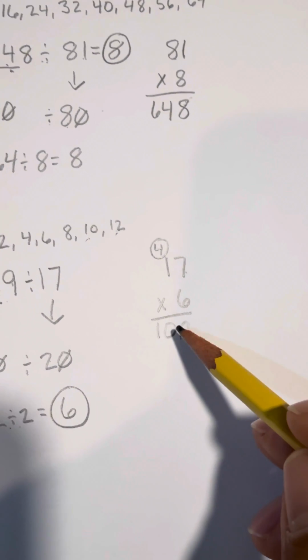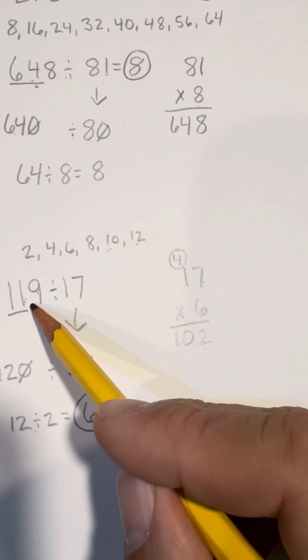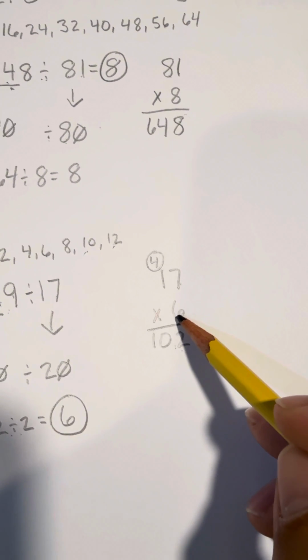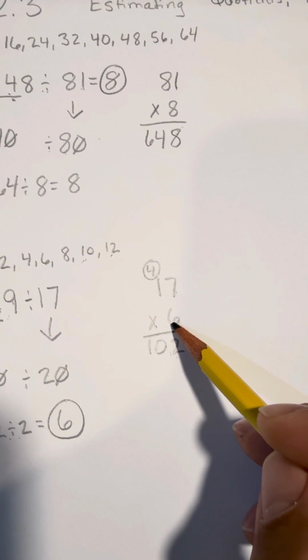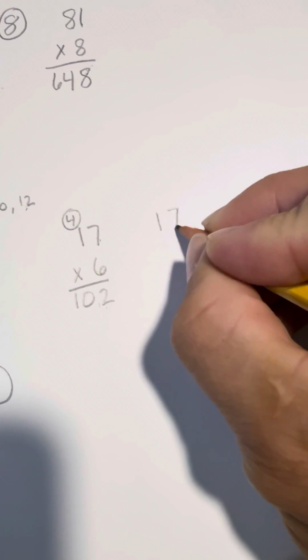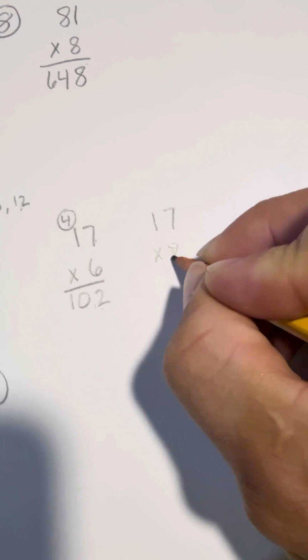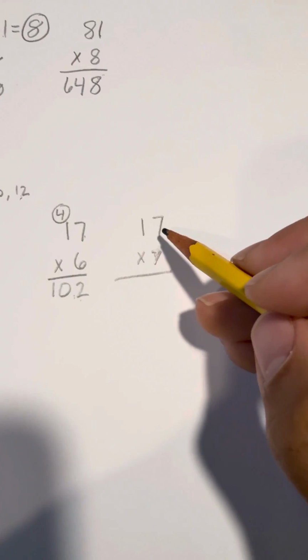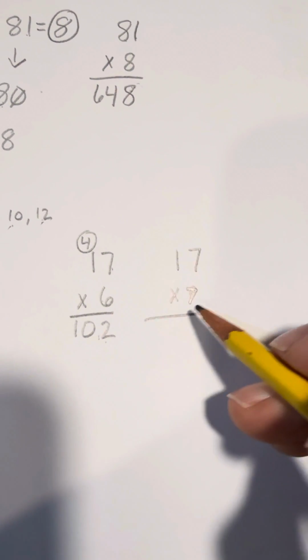Because my estimated amount was lower than my actual needed, I need to adjust my estimated quotient to go higher. So instead of 6, let's try 7 and see what we get. So I have 17 times 7 now. I adjusted my 6 to make it a 7.